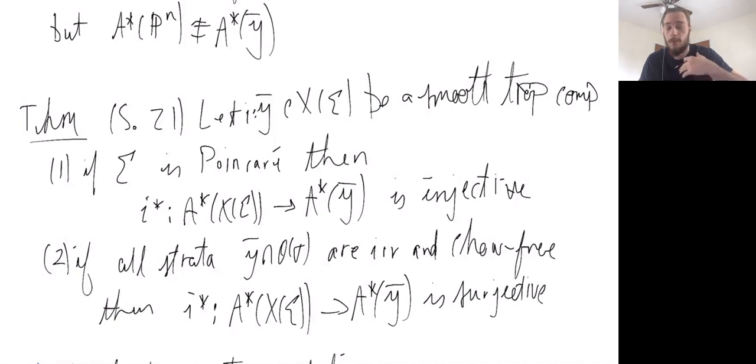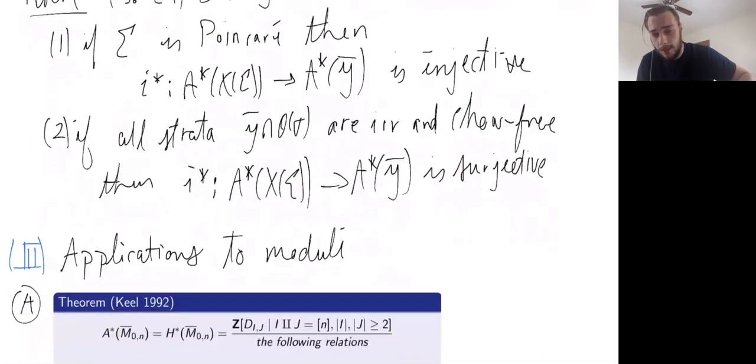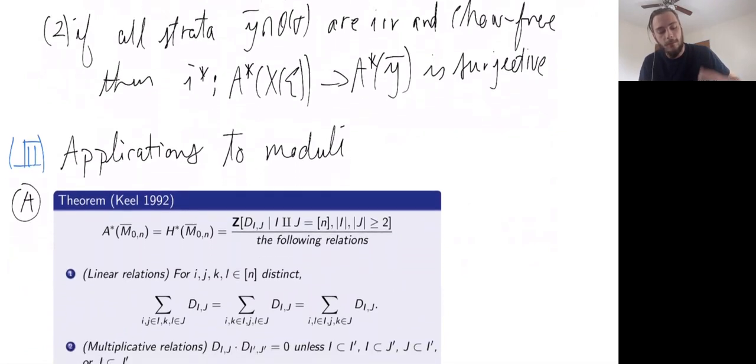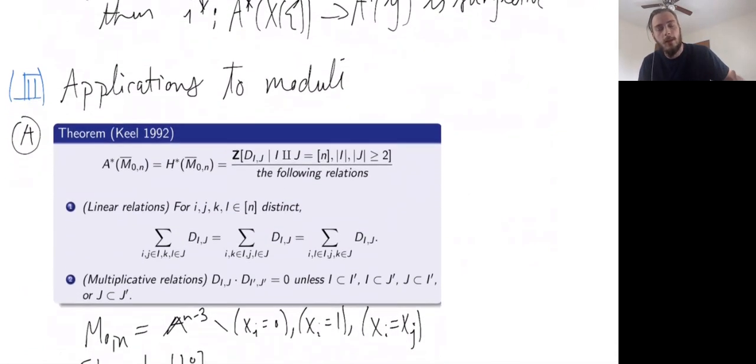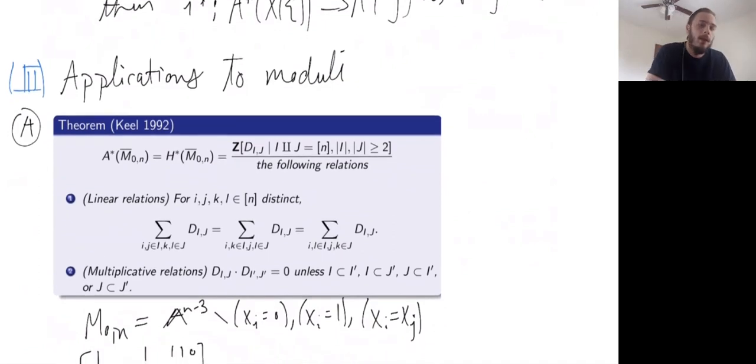Instead of going into more detail about that now, what I would like to do is describe some applications of this work to Chow rings of compact moduli spaces. The first example here is this theorem due to Keel from the early 90s, which in my view is the first result on Chow rings of compact moduli spaces.